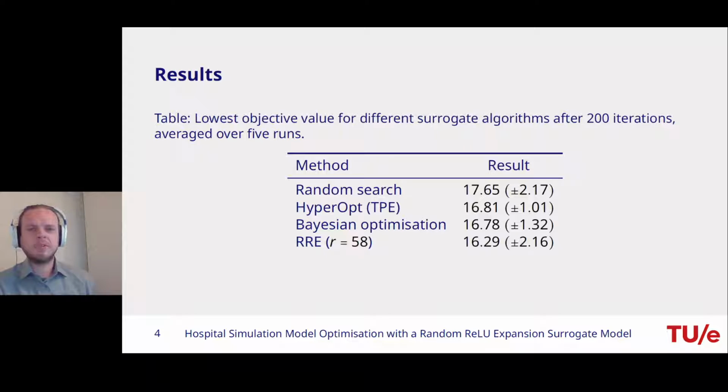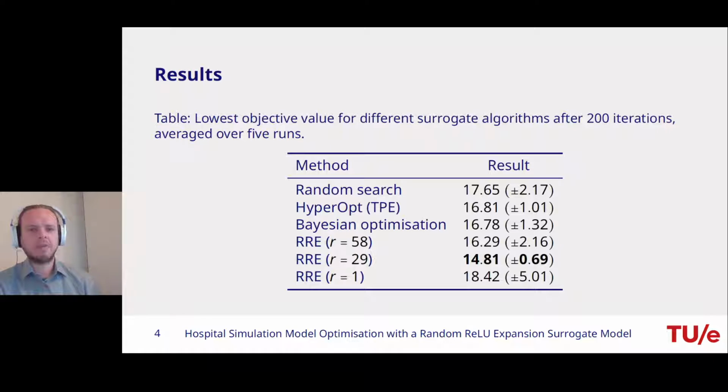And indeed, when we reduce this number of random samples that we start with, these random initial guesses, we achieved much better results. Not only was the variance reduced, the best found objective was also reduced. So naturally we tried to reduce this number of random samples even further. However, this gave worse results. And this is due to the limited information and the dependence on this first initial guess.